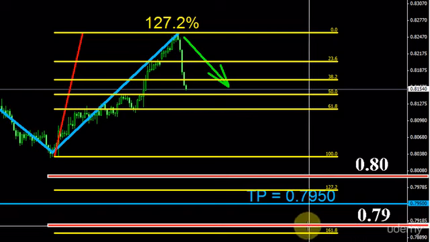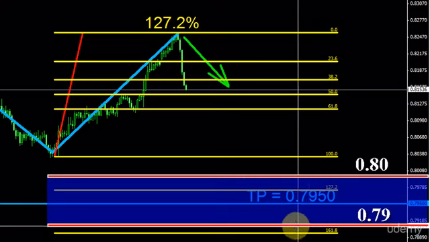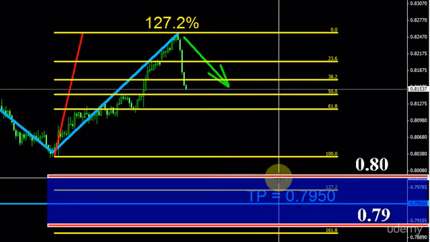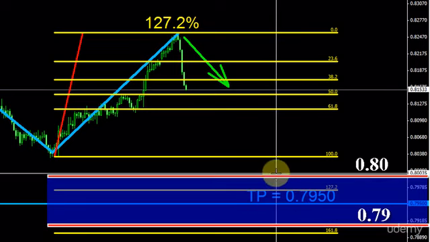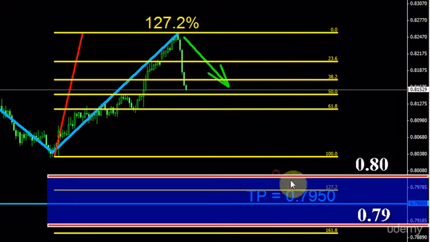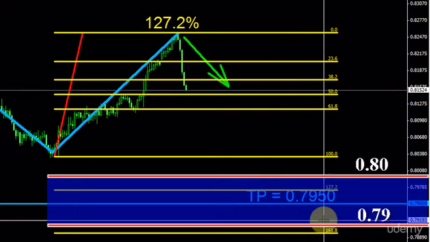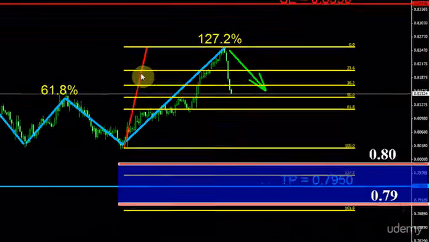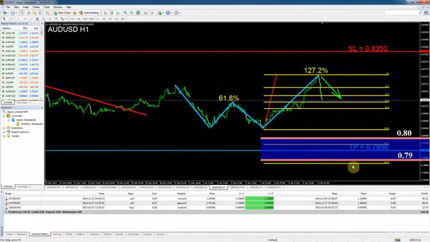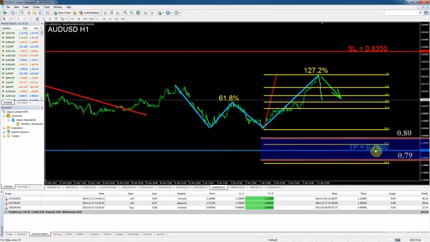So I wanted to be above this other support line. If we do break the 0.80 level, then we don't have to worry about the 0.79 level. So that's how you establish where to set your take profit. It's either at 161.8% or 127.2 if you like. I'm setting it over here, somewhere in between.